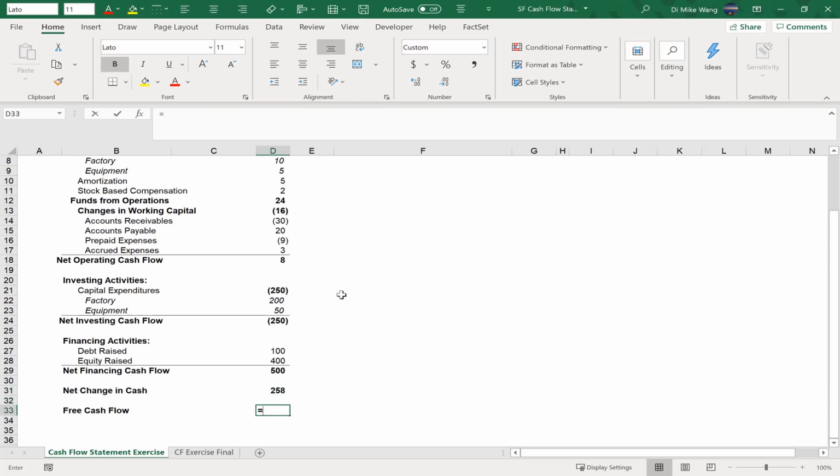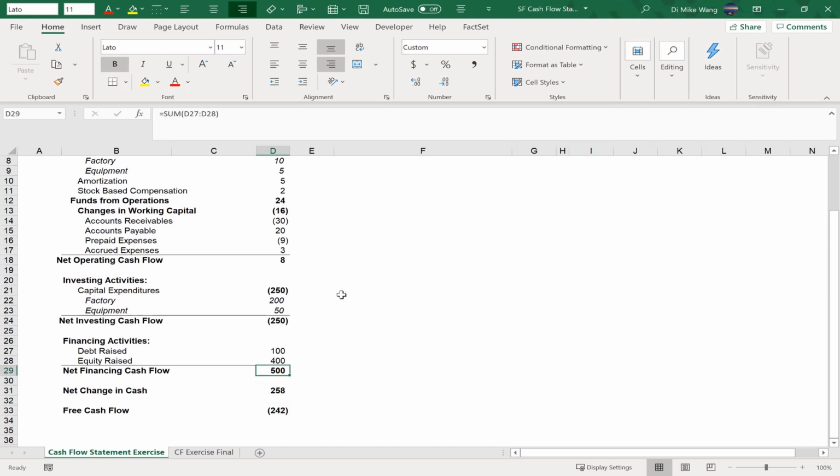However, if we look at our free cash flow, and that is taken from our operating cash flow plus our capital expenditures, it gets us to a free cash flow figure of negative $242, which meant that we had to raise financing, and you can see that here.